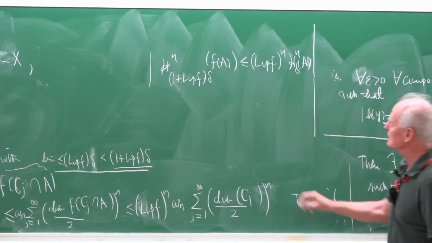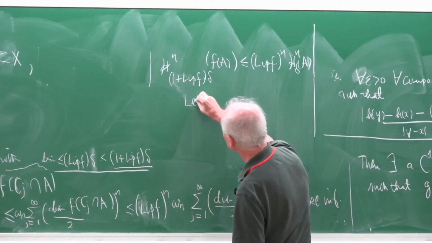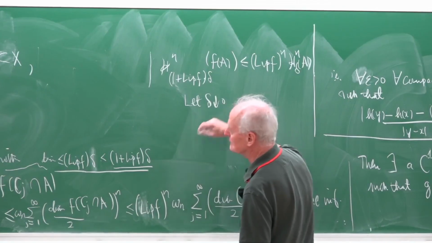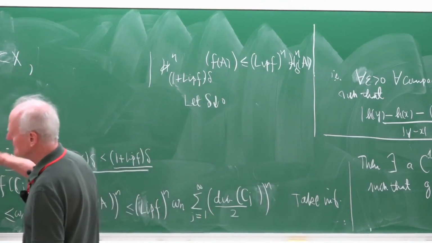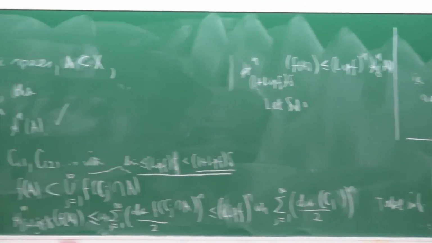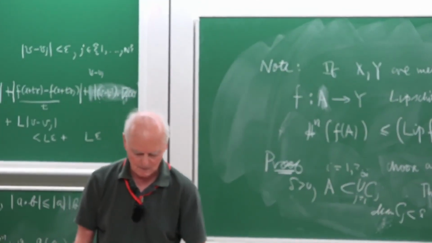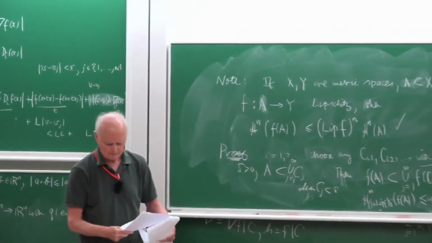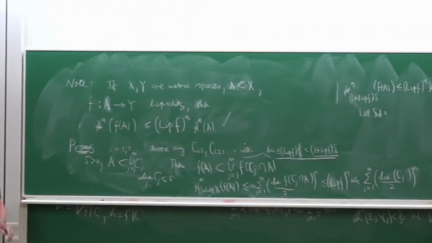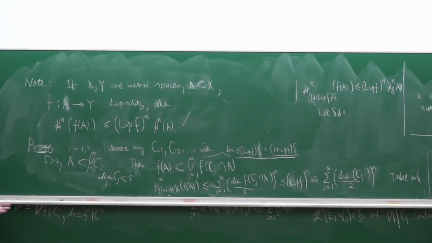And now just let delta tend to 0, and we get this. So that's good. So that one's easy. So that's the first step, but we'll prove some more interesting things next time about that. Okay. Yep. Wash my hands.